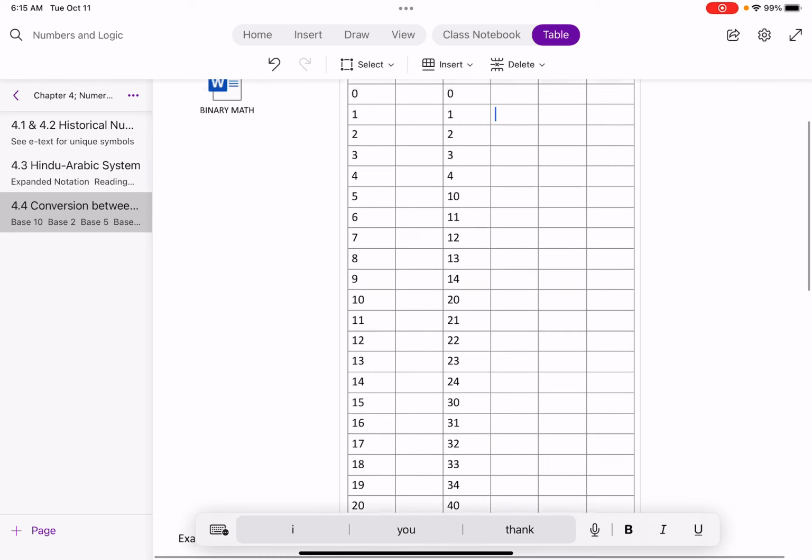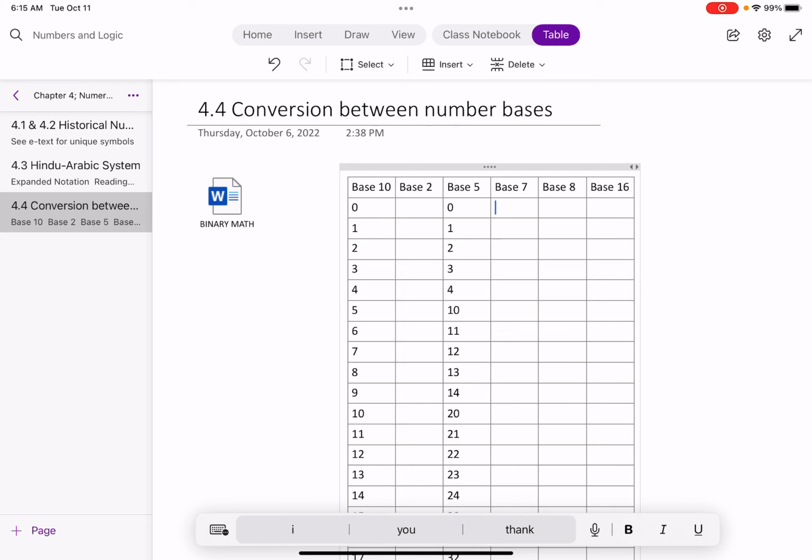So if we do base 7, I can do the same thing. I start 0, 1, 2, 3, 4, 5, 6, and then I start over. 1, 0, 1, 1, 1, 2, 1, 3, 1, 4, 1, 5, 1, 6.